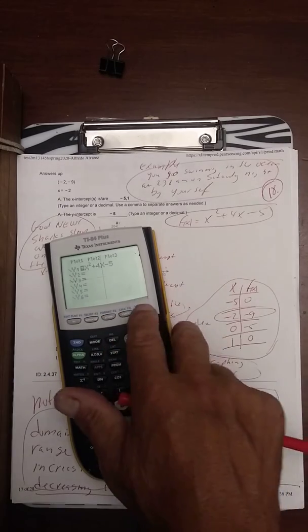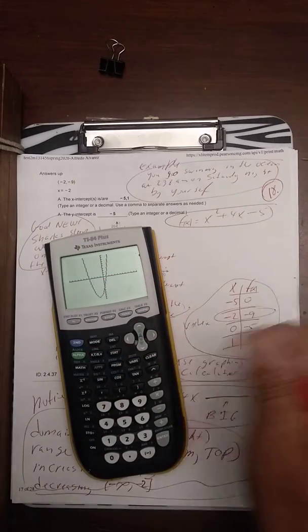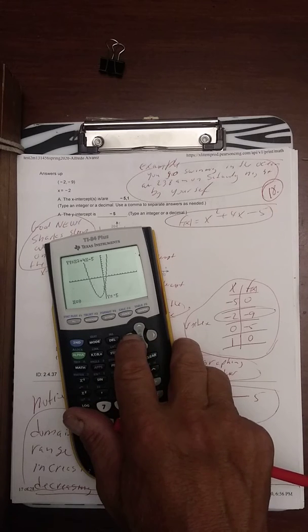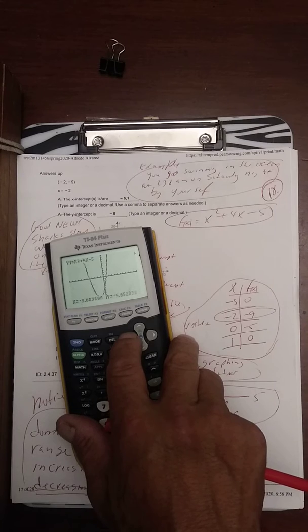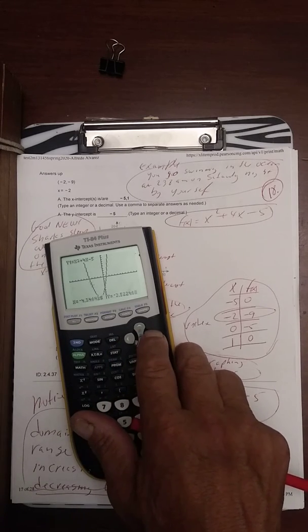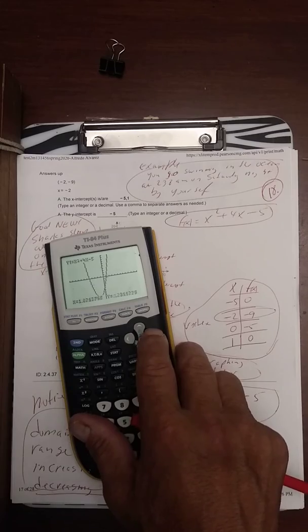That matches. Hit graph. There it is. So it should go down to that spot. And you can do a trace again, and you can find all kinds of intercepts and points to use to graph it. There's some points right there. Close enough.